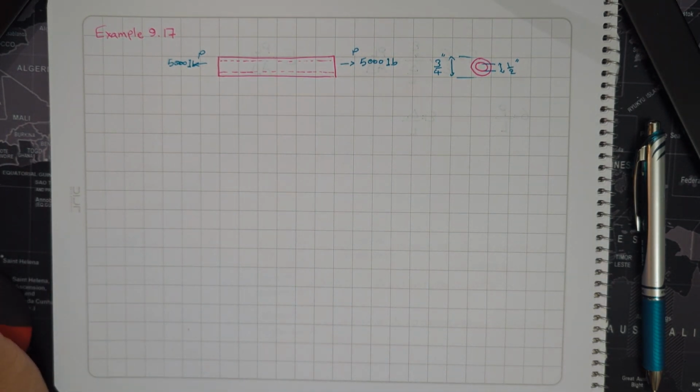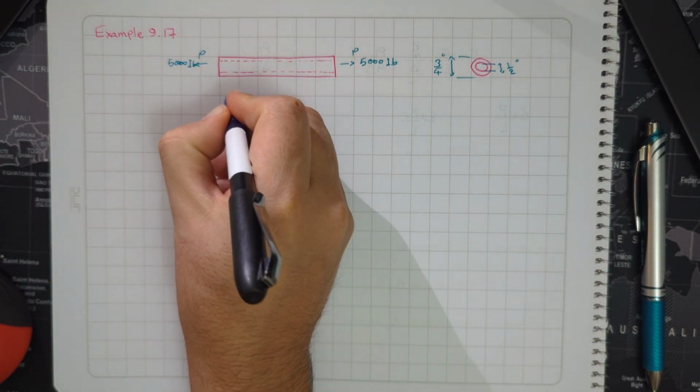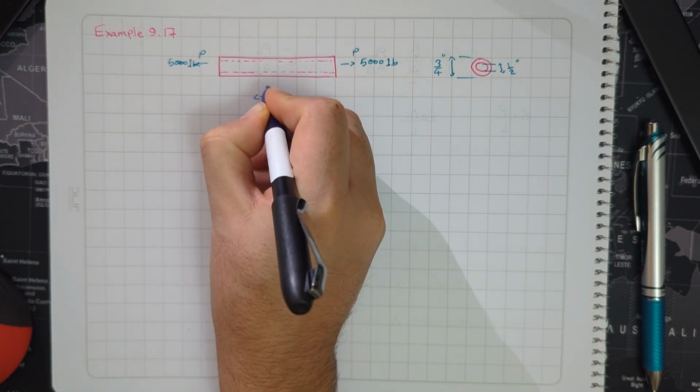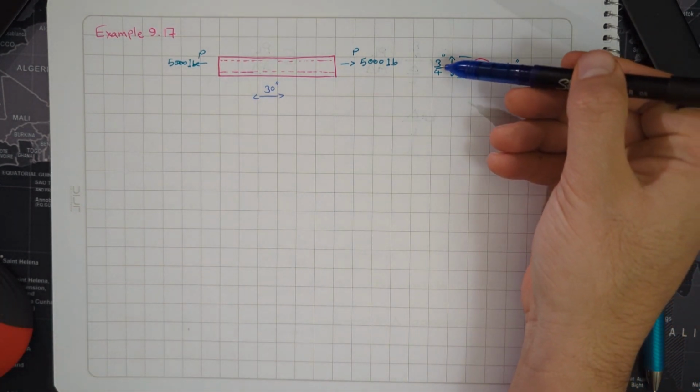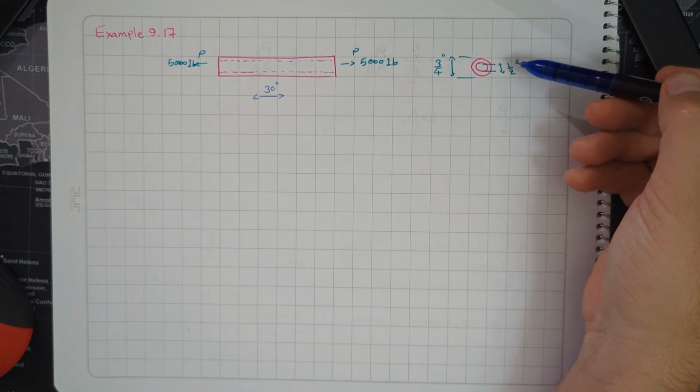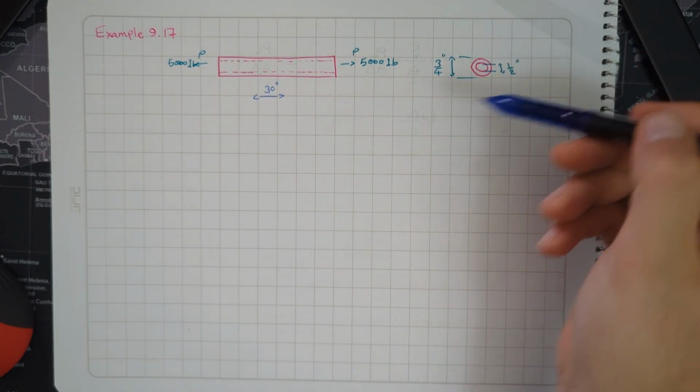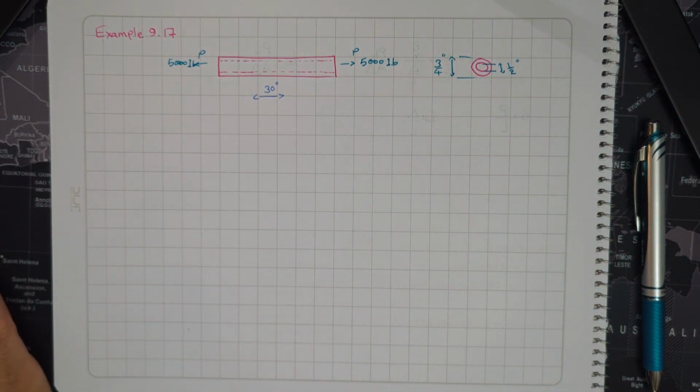It has a length of 30 inch and is made from steel tube having the outside diameter of 3/4 and the inside diameter of half an inch. Compute the tensile stress in the tube and the total axial deformation. Assume modulus of elasticity of 29 million and the proportional limit of 34,000 psi.